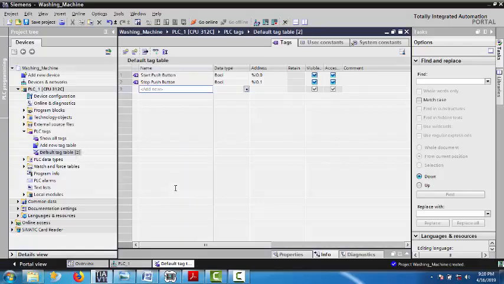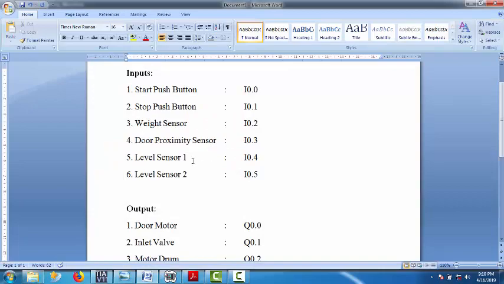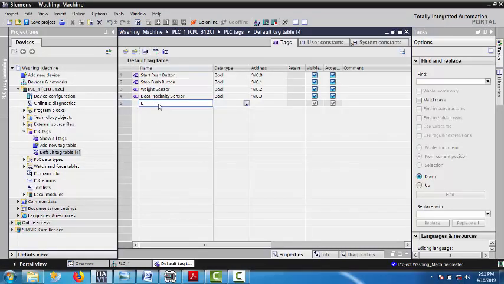Weight sensor, door proximity sensor, then we have level sensor 1 and level sensor 2. Okay, so inputs are done.